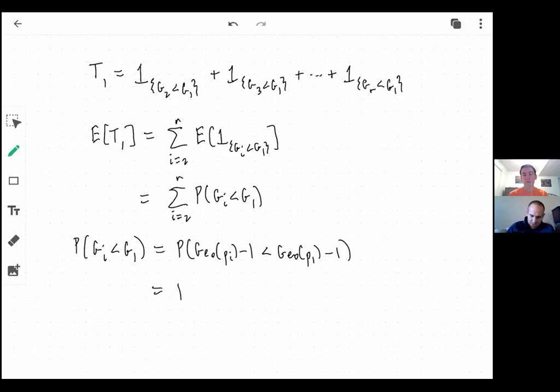Which is just the probability, look, you can just add 1 to both sides, less than the geo with probability p1, okay?